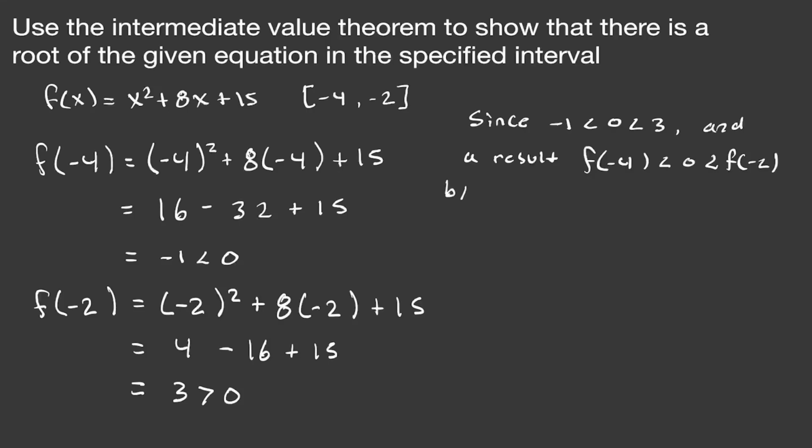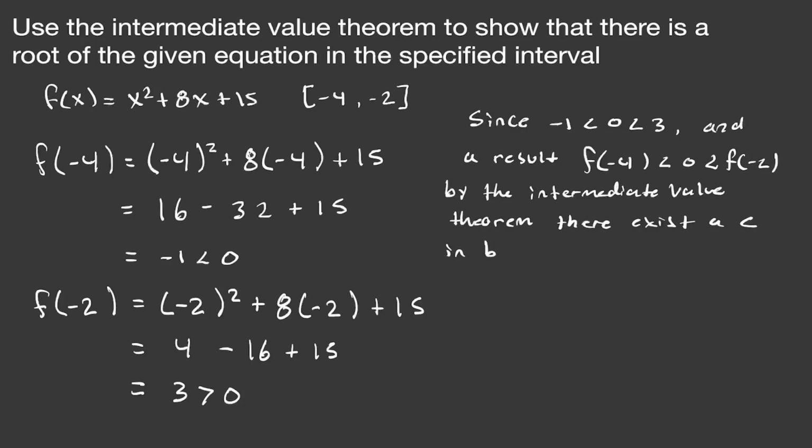So we can say, by the intermediate value theorem, there exists a c in between -4 and -2 such that f of c is equal to 0.